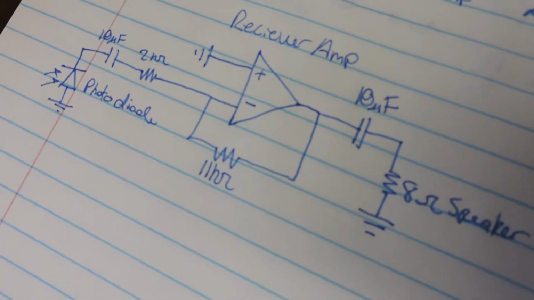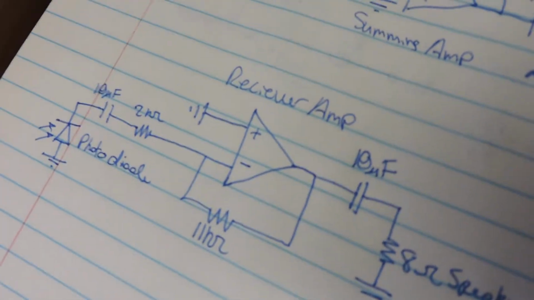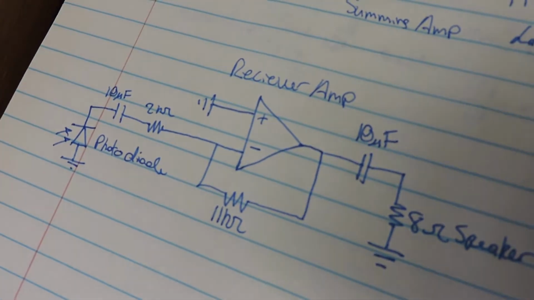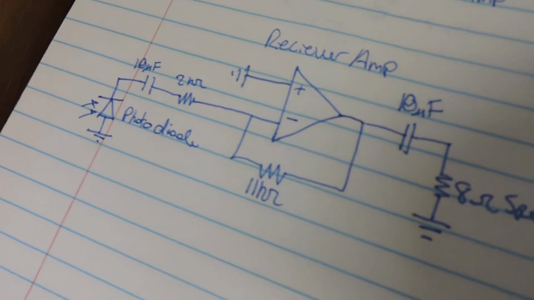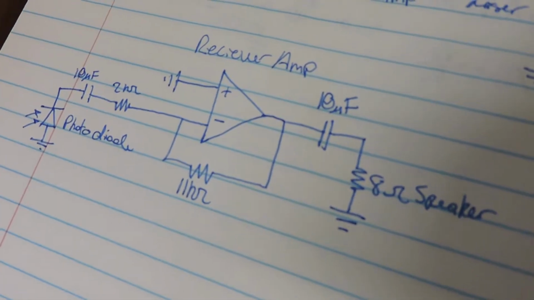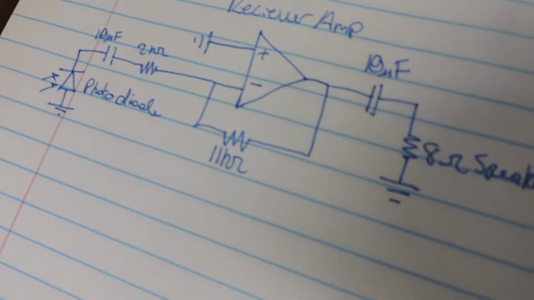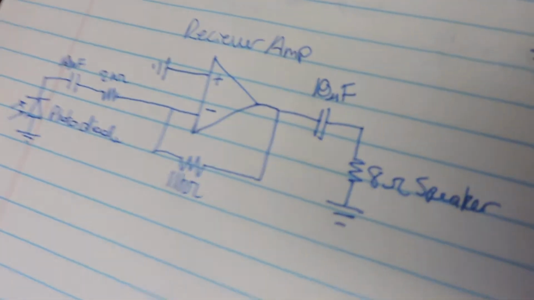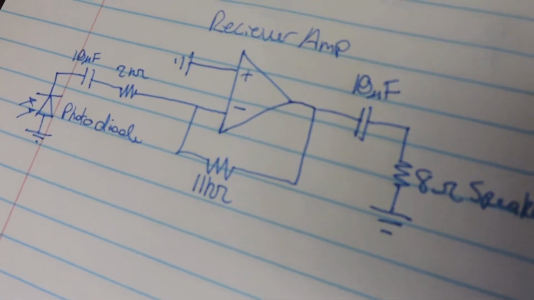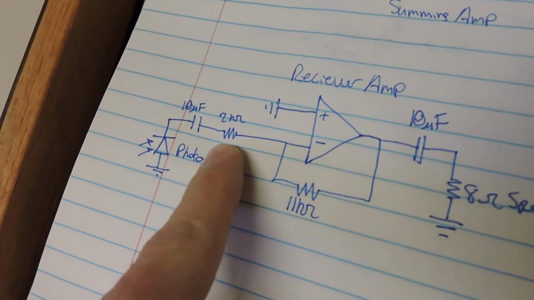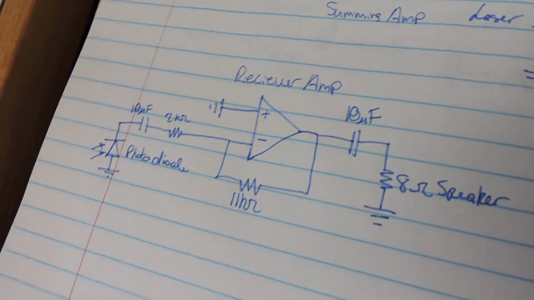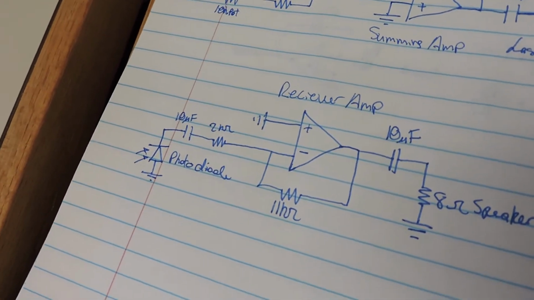Here there wasn't a specific gain that we desired like the previous stage, but we wanted a gain of 5. Using the equation minus RF over R1, RF being the 11K ohm and R1 being the 28K ohm, it gives about a gain of 5, a little bit more than 5.